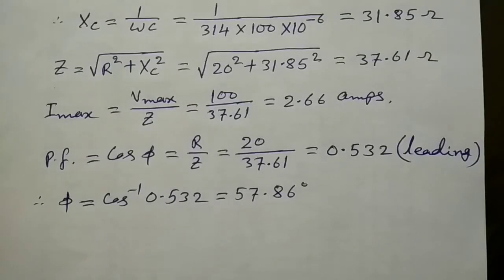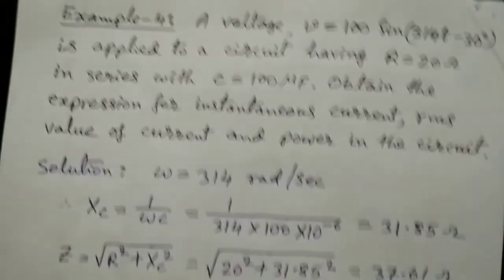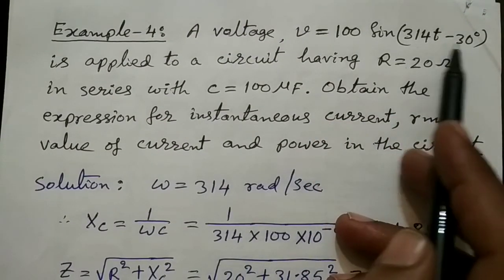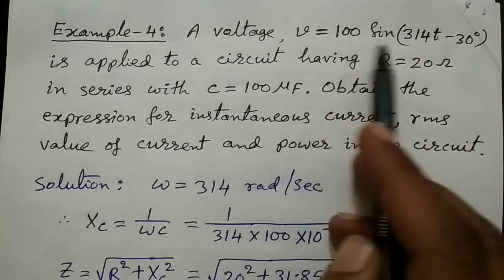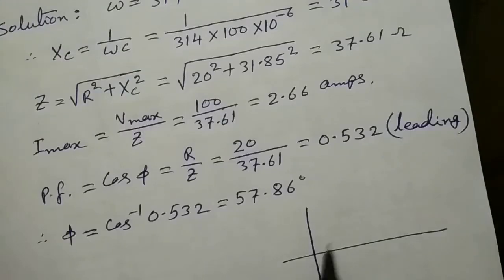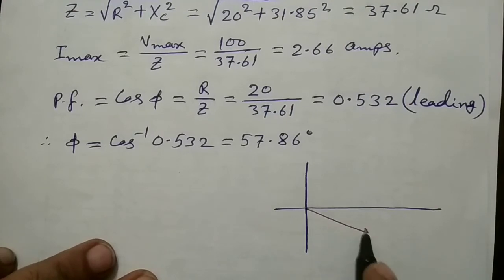So now if we want to draw the phasor diagram, in the question the voltage given was V equal to 100 sin 314t minus 30 degree. That means the voltage phasor will be lagging the reference line by 30 degree.